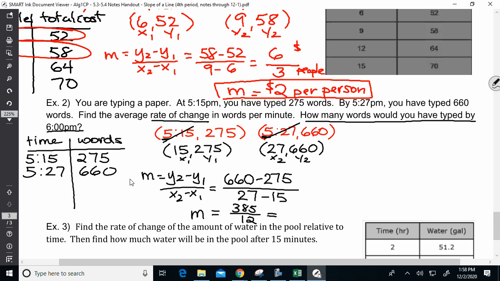Let me check the chat, make sure no one typed it in there. Oh, let's do Ryan's message. 385 divided by 12, what's that? Hopefully you got a calculator. 32.08. All right, 32.08. So we're going to make that 32.1. So that's words per minute.